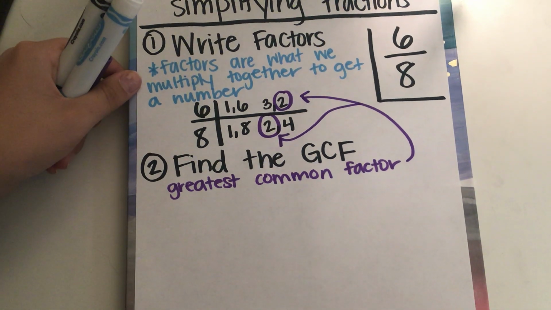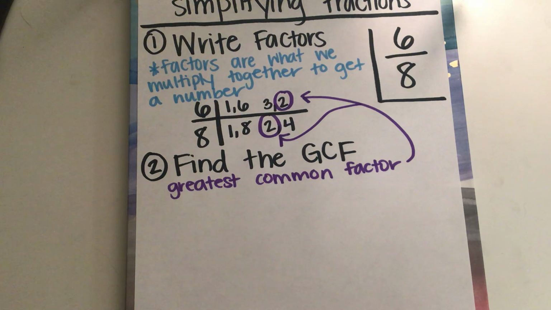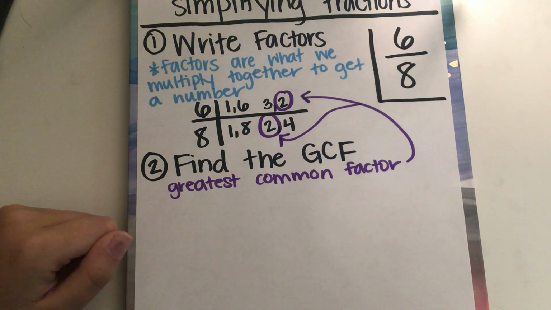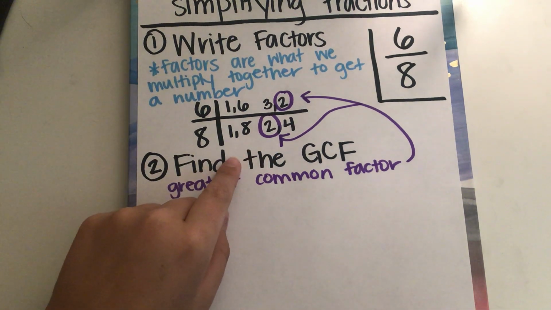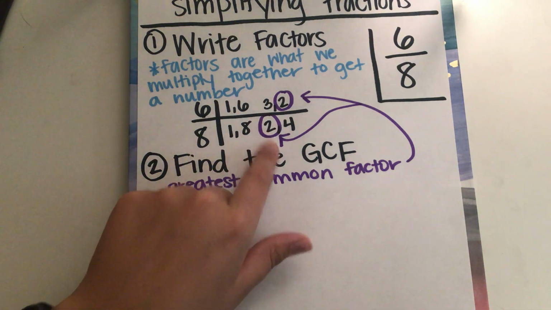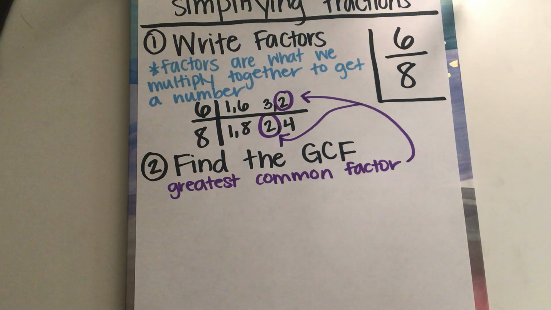So step number 1 was to write our factors. Step number 2 was to find the greatest common factor. If you do this step and the only common factor you have is 1, then you know that it is as simple as it can be and you cannot simplify it anymore. But since we had a bigger number than 1, we had 2. That is what we are going to be using as our greatest common factor, and that brings us to step number 3.